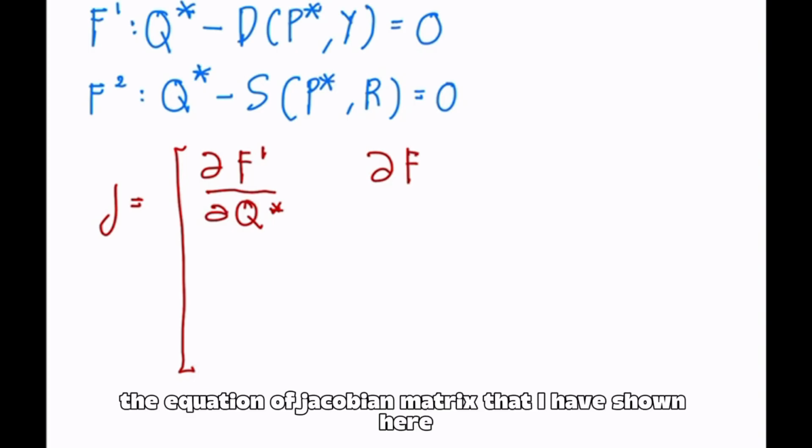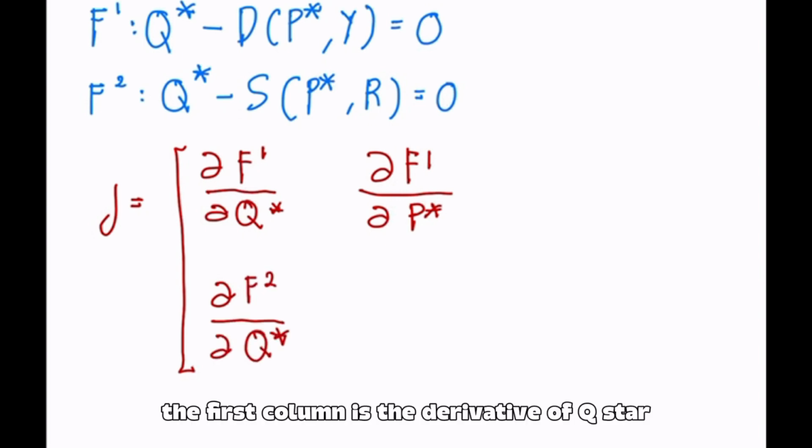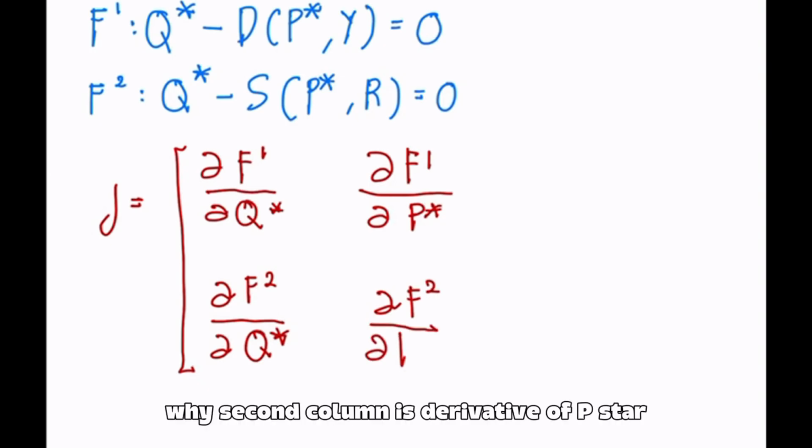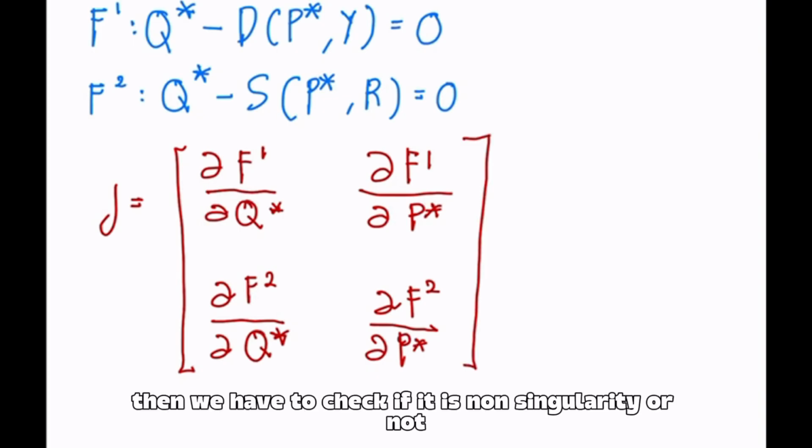In the Jacobian matrix shown here, the first column is the derivative with respect to Q star, while the second column is the derivative with respect to P star. Then we have to check whether it is non-singular or not.